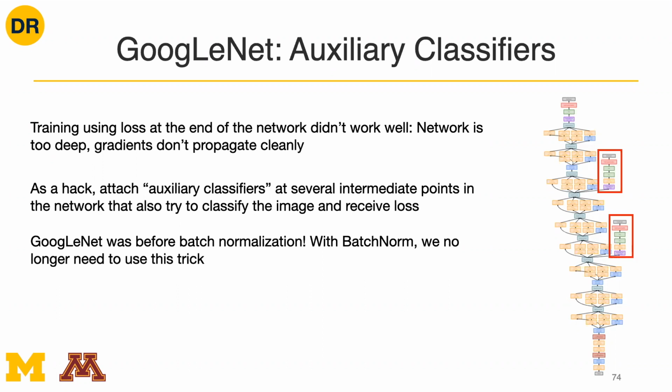So people had to do a lot of hacks to make their networks train. And this is what GoogleNet did. So they had these auxiliary classifiers. And I think after this, having an auxiliary loss term is a common feature in certain perceptual tasks. So I think that kind of came from this architecture.